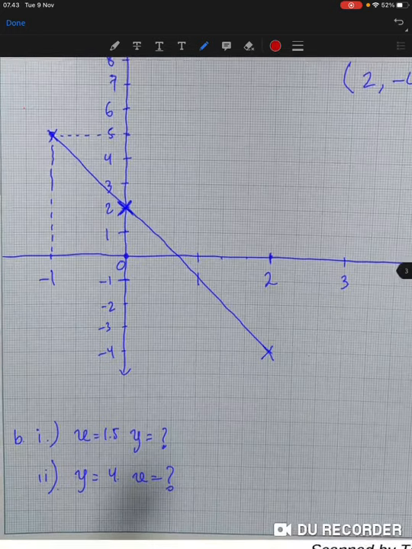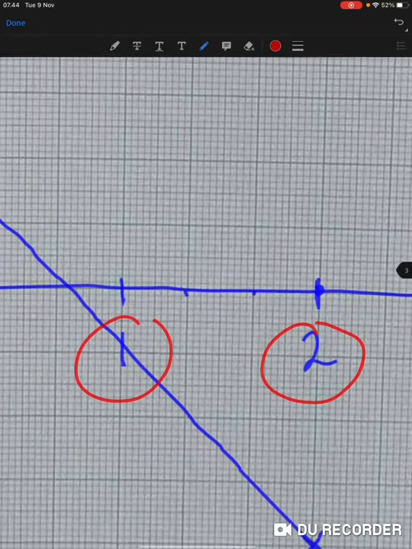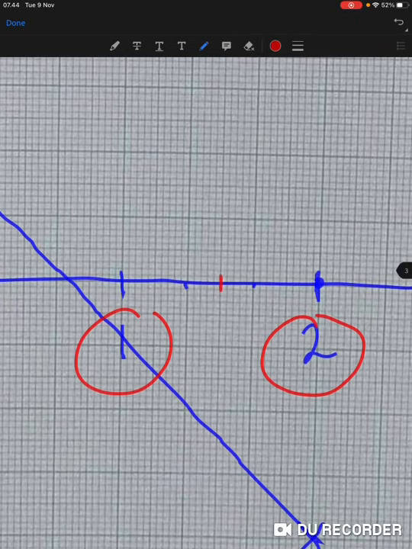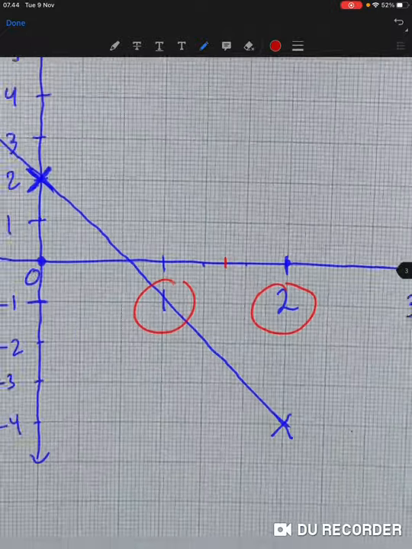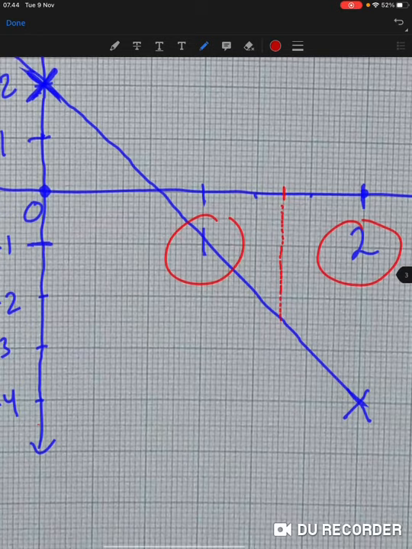X equals 1.5, so you have to make sure to find the 1.5. This is our 1, so 1.5 is in the middle of 1 and 2, right? Let's zoom in. Look at that. Oh, this one is our middle, right? Now after you got the point of 1.5, I need you to pull the point here and make a line to your straight line.